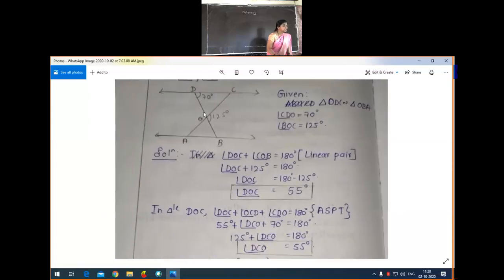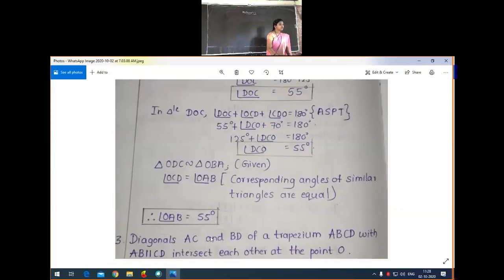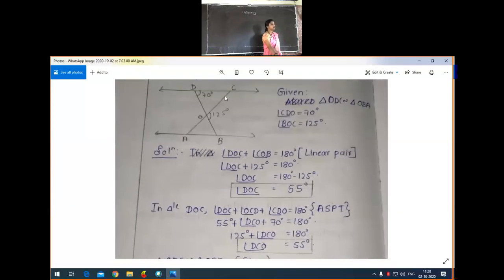This OCD, because it is 55 here, by the vertically opposite angle you will get 55 here. So this angle corresponds to this angle. Corresponding angles of similar triangles are equal. Therefore OAB, OCD, how much did you get? 55 degrees. That's why it is also 55 degrees. Is that clear, students?